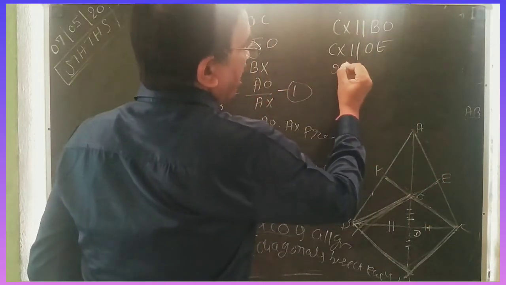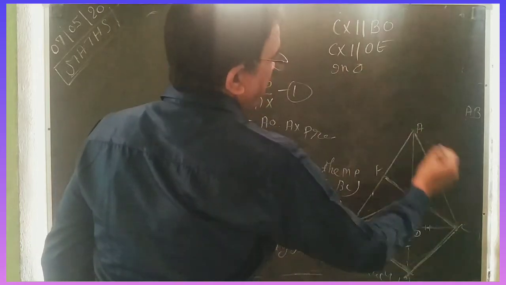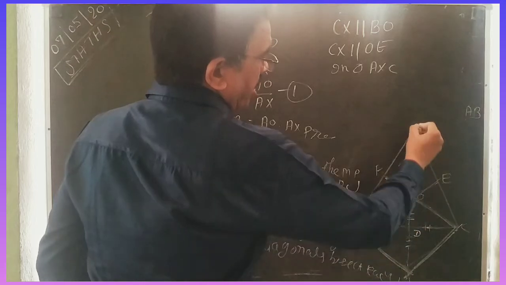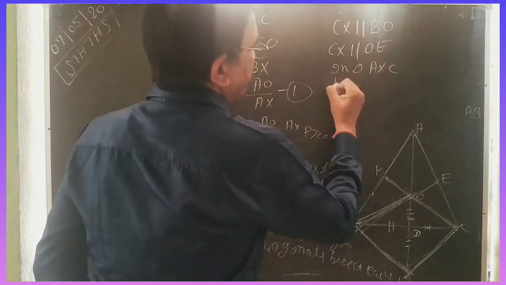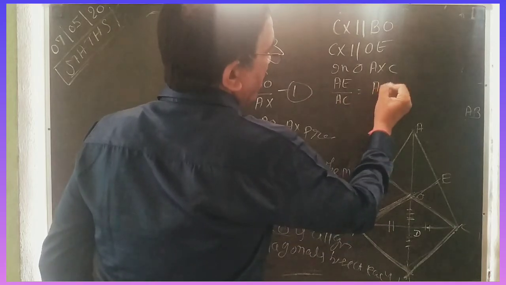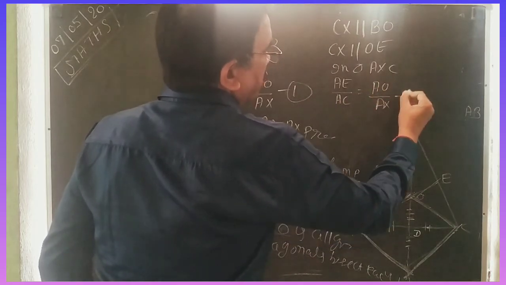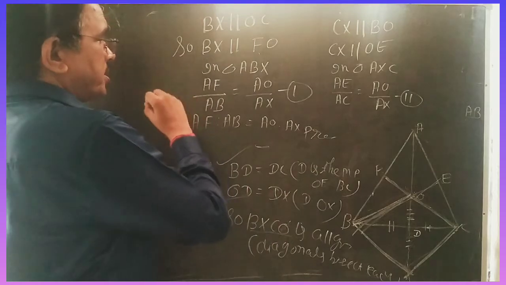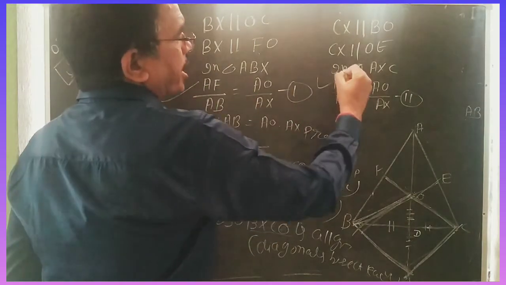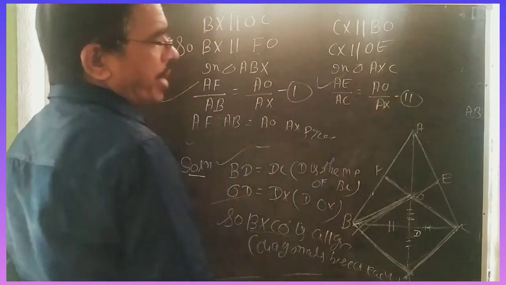So in triangle AXC, what you get is AE by AC is equal to AO by AX. It is the second. First, AF by AB is equal to AO by AX. The second, AE by AC is equal to AO by AX.